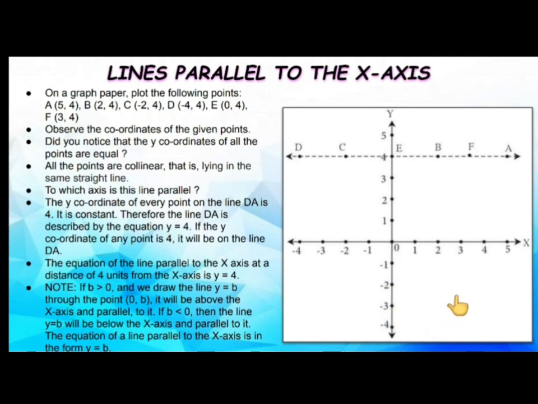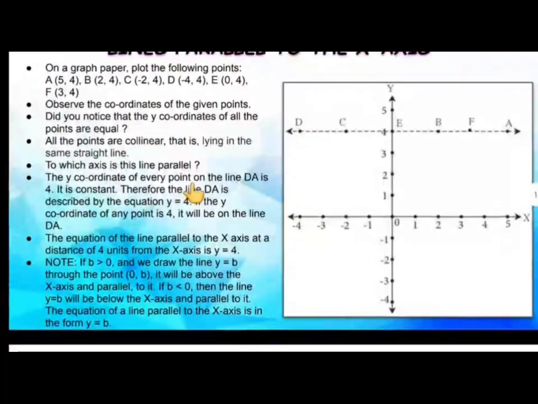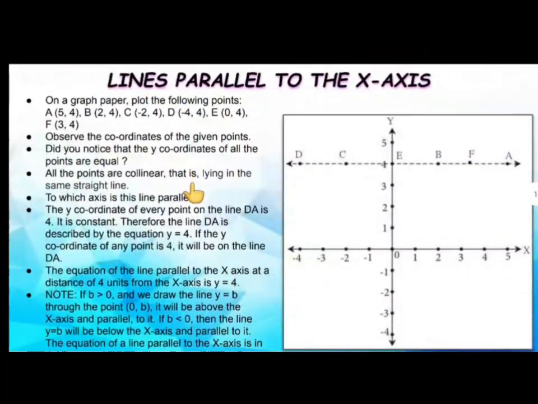So after drawing the axes, now we first plot the point A, which is given to us with coordinates (5, 4). So the x coordinate is 5 and the y coordinate is 4.